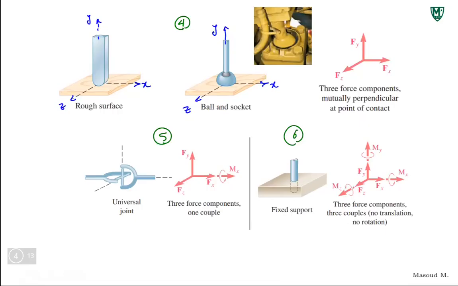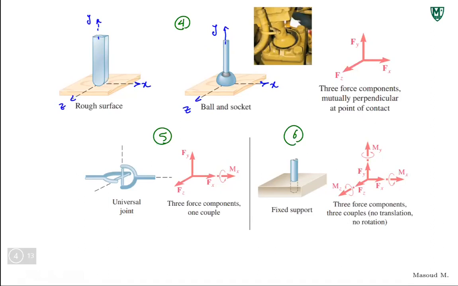But the bottom line is, when you remove a fixed support, you have to put 3 unknown forces. Depending on how you set your axes, you can just put X, Y, Z in any direction. Translational motion in 3 directions and rotation in 3 directions are all prevented by a fixed support. So you have to take into account all of these 6 unknowns.